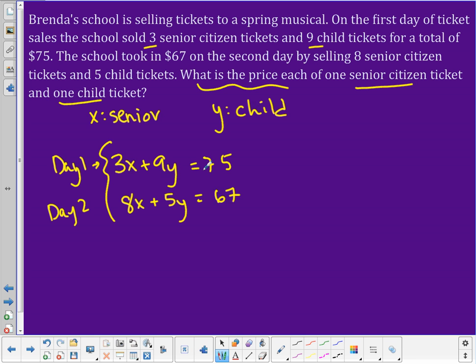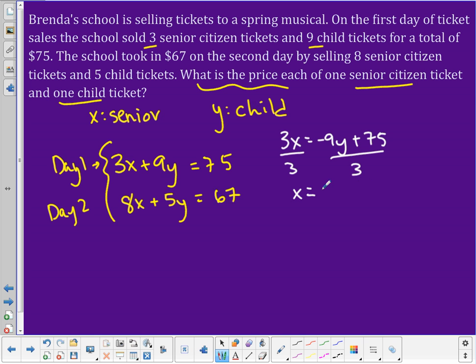I'm just going to give it a try and see what happens. So if I solve this one for x, I'm going to subtract the 9y over. That gives me 3x is equal to negative 9y plus 75, and then divide by the 3. And just like I thought, I'm going to end up with some whole numbers, which is good.